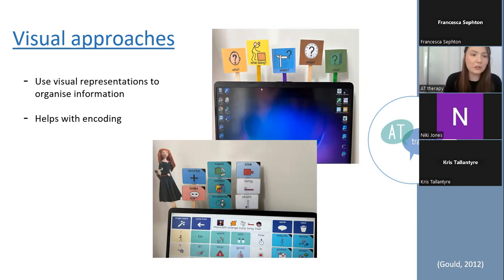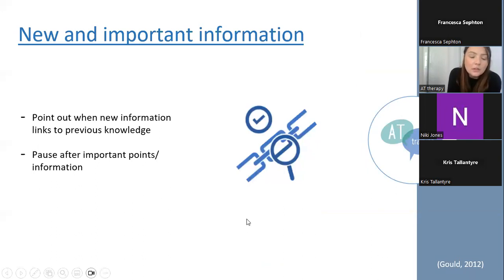So, moving on to new and important information. Two effective teaching and learning strategies are linking new information to prior knowledge and pausing after essential points. Linking to prior knowledge involves connecting new information to what learners already know. It fosters interest, enhances comprehension, promotes pattern recognition, boosts confidence, and aids memory.